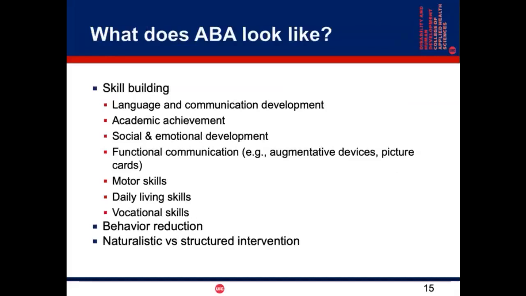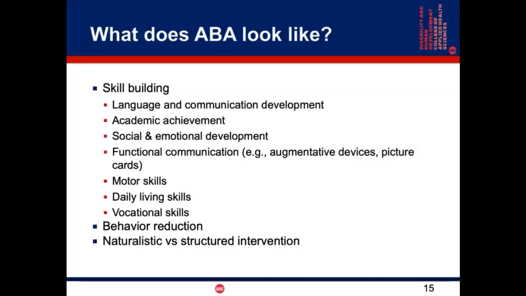In terms of skill building, there's been great gains in the areas of language and communication, improving academics, facilitating better social and emotional development and support. And we'll talk about both social, emotional, and language today in some of the work that we've been doing. And along with language, obviously, goes functional communication and the alternative ways and means in which somebody may communicate based on their disability and their needs.